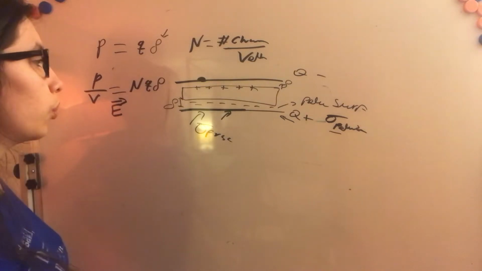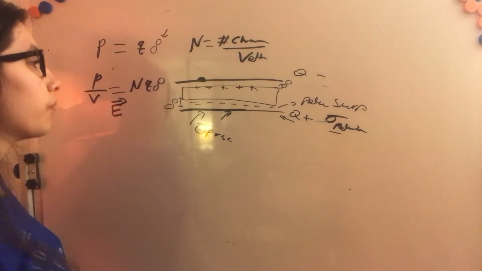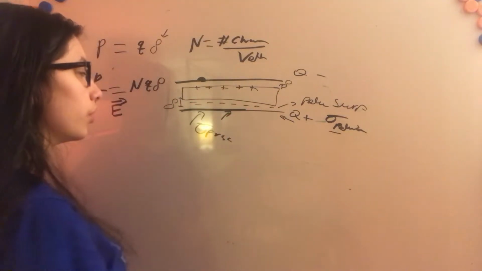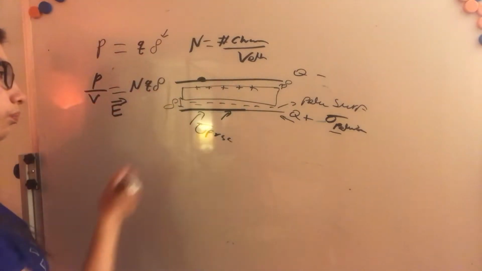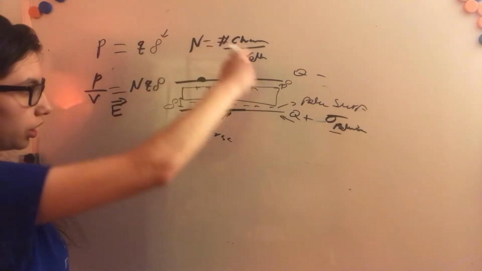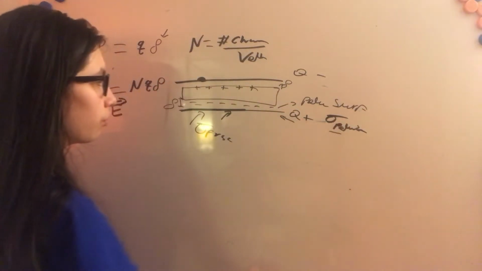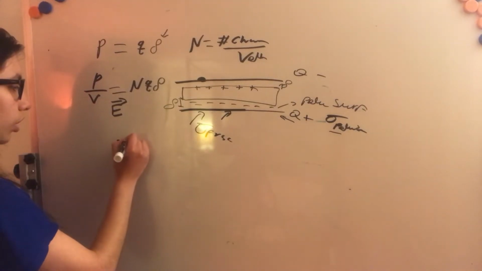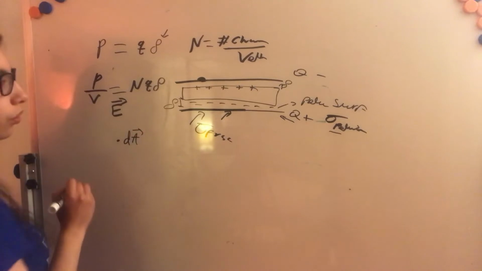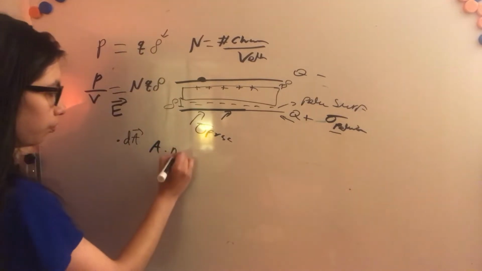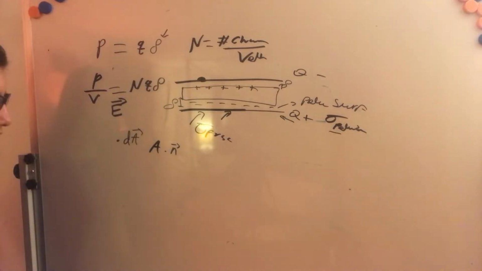If we want to know how much charges are flowing through this polarized surface, again we need to take the component that will be perpendicular to the surface. So we would take the area vector, or you multiply times the area and you put the n vectors, that means the normal vector.